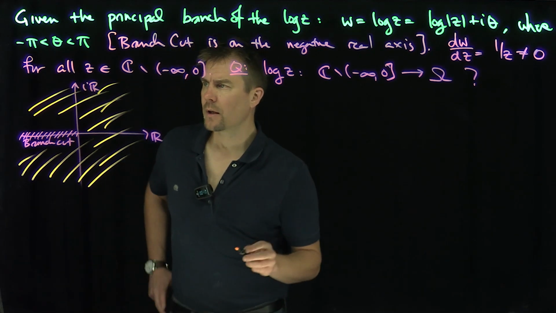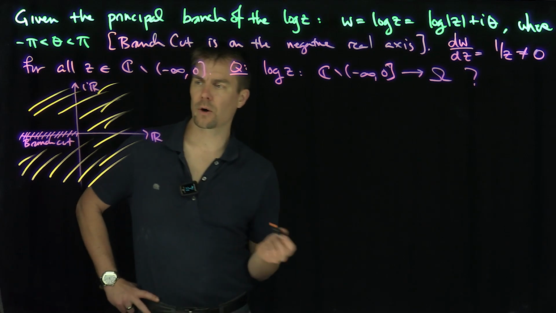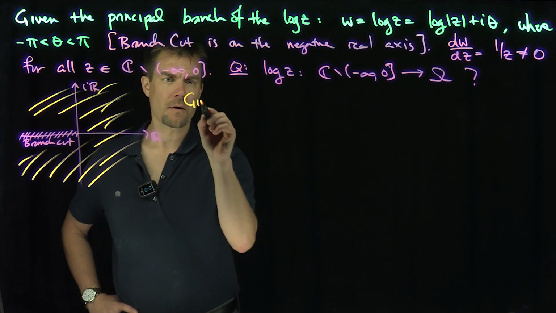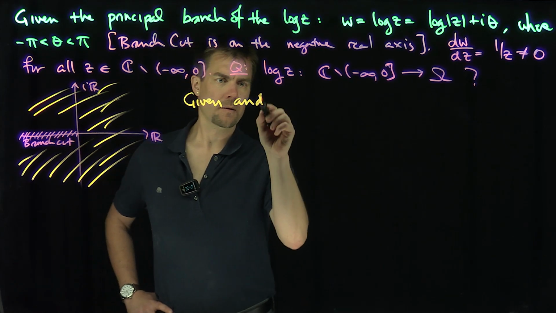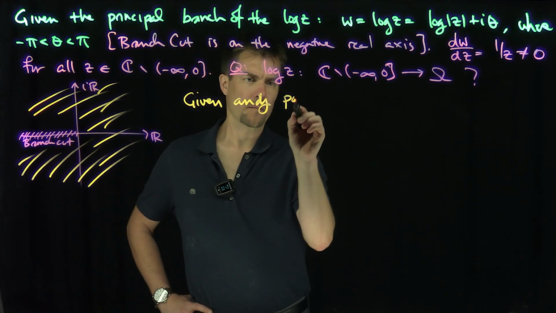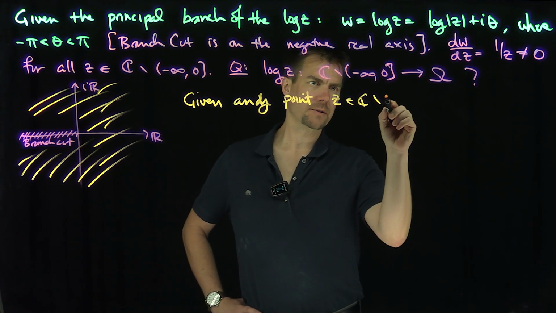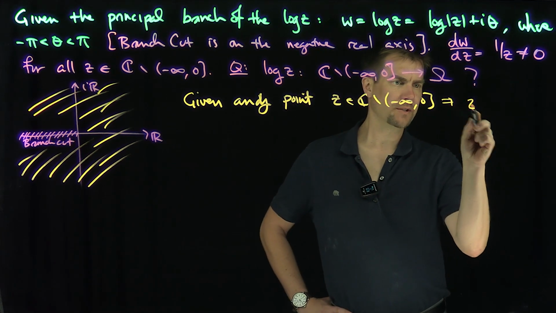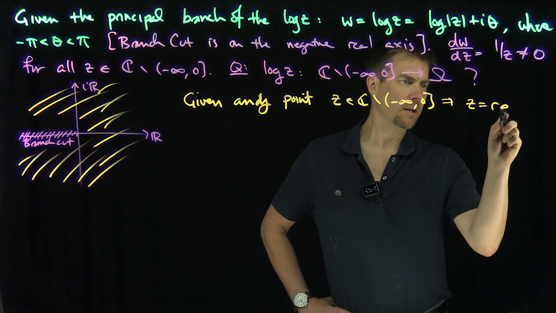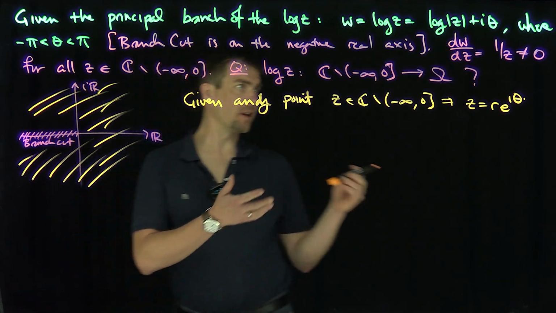Okay, let's analyze this carefully. So let me be given any point z in C minus the branch cut. We can write z is equal to r e to the i theta, where theta is between negative pi and pi.